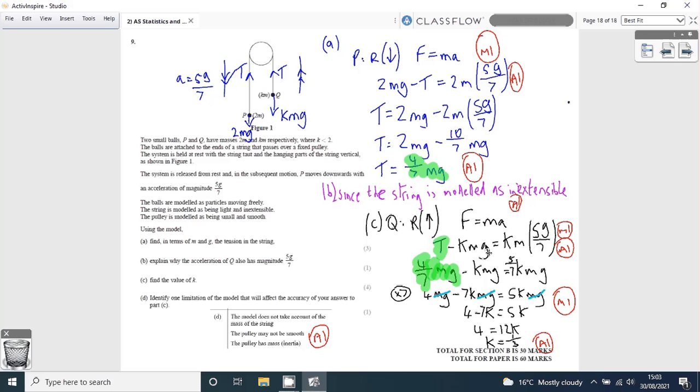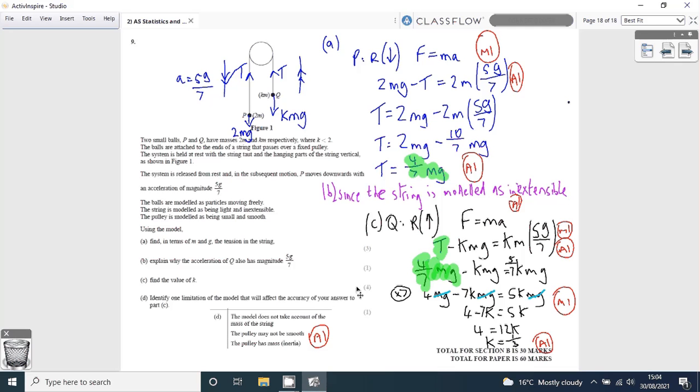So that's our net force, and that equals the mass, which is km, multiplied by the acceleration, which is 5g over 7 again. Now what I've then done is substitute in the tension, which I know from part A of the answer, so 4/7 mg, and then I've just multiplied by 7, divided through by mg, rearranged, and I can work out that k is a third.